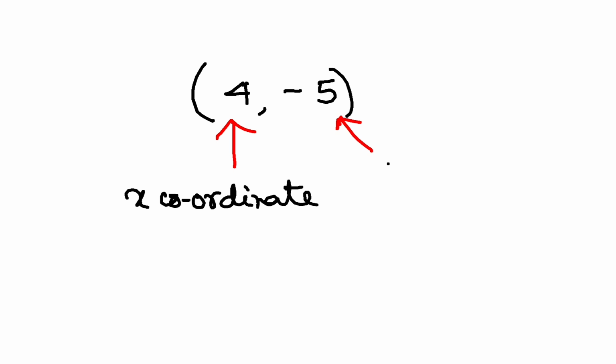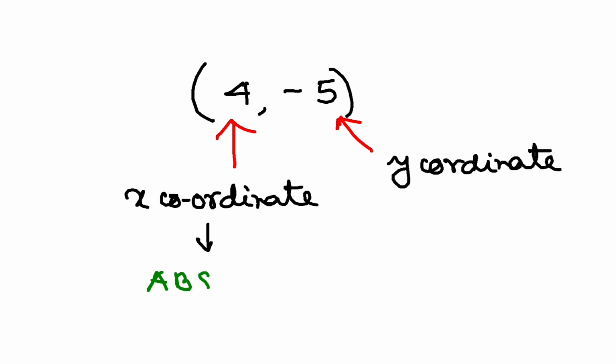The first number denotes the x coordinate, and minus 5 is the y coordinate, isn't it? Now this x coordinate has an alternate name, and that name is the abscissa. And the y coordinate has an alternate name, and that is called the ordinate.